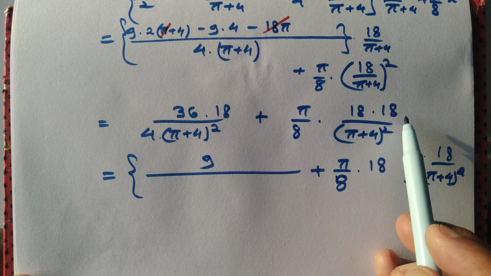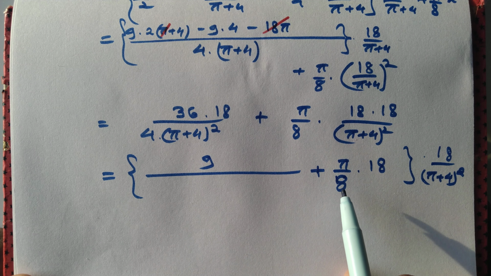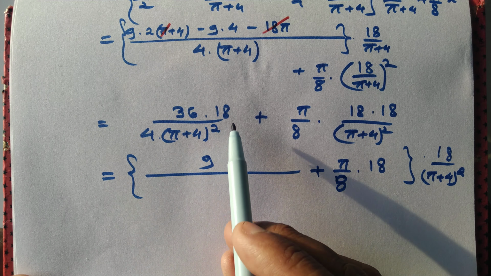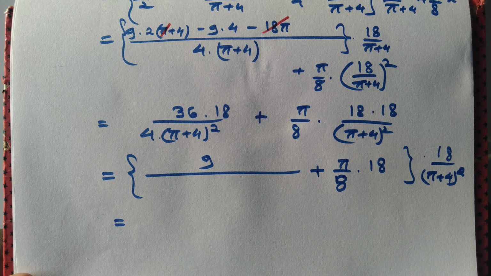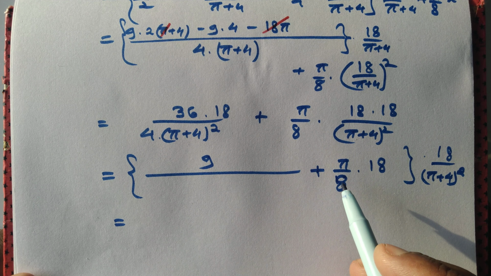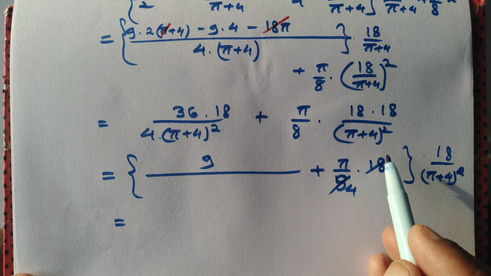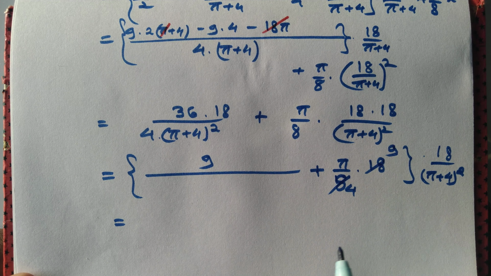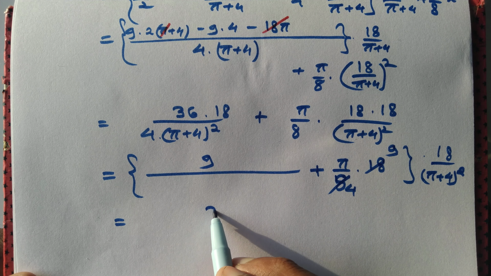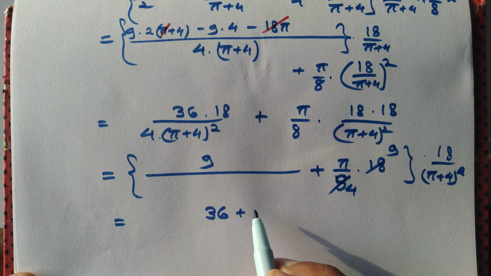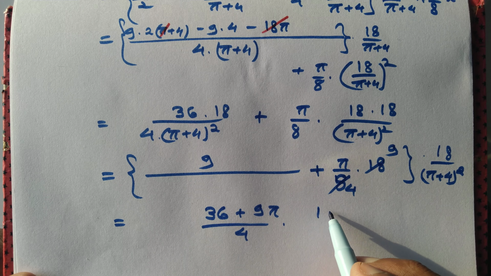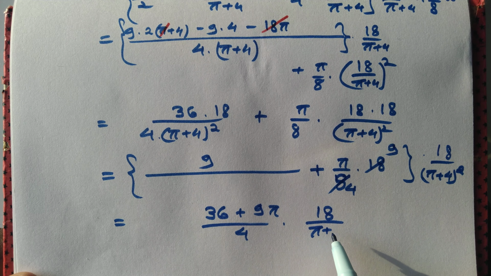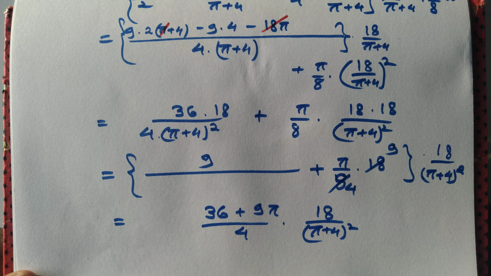Yes, we took the square common, so (pi/8) times 18, and we'll just be left with 9. Now we can cancel it out. 2 times 4 is 8, 2 times 9 is 18. So this is equal to (36 + 9 pi)/4 to be multiplied by (18/(pi + 4)) squared.